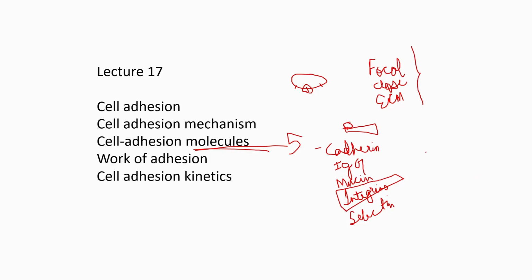So integrin is a protein that has different receptor domains for binding to different things, such as RGD for cell adhesion.